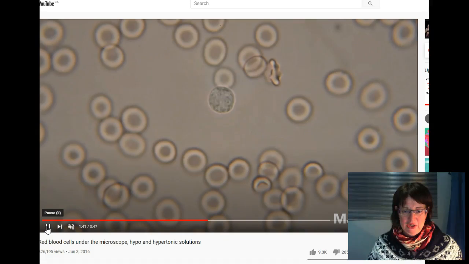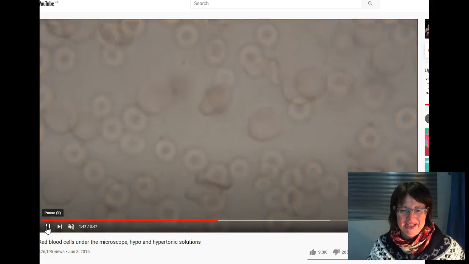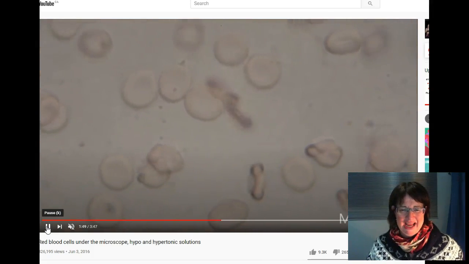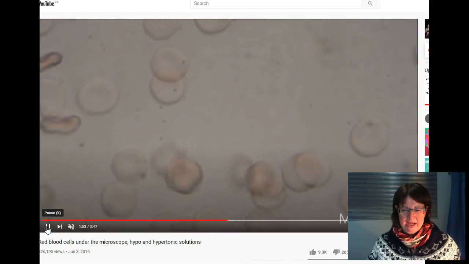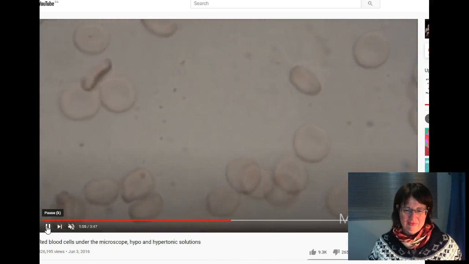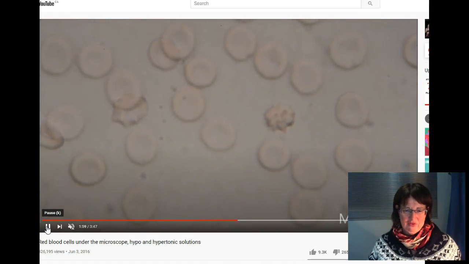Let's look at what happens when we speed it up, and then we're going to change the solution outside. So what they did here was add a little more. They're washing, it's called washing the blood cells, which is basically putting a solution over top of them.